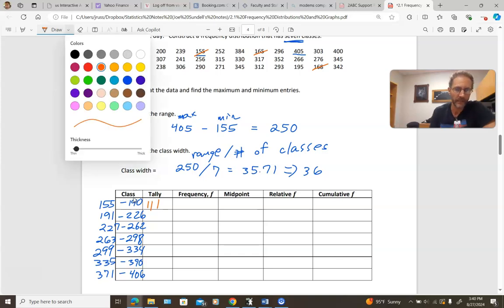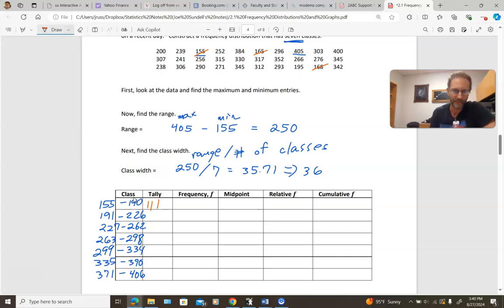Now, I can get another color if I want. Now I'm going to try to see how many are in this second class, 191 to 226. It would definitely be the 195. And then the 200. Okay, there's only 2 there.